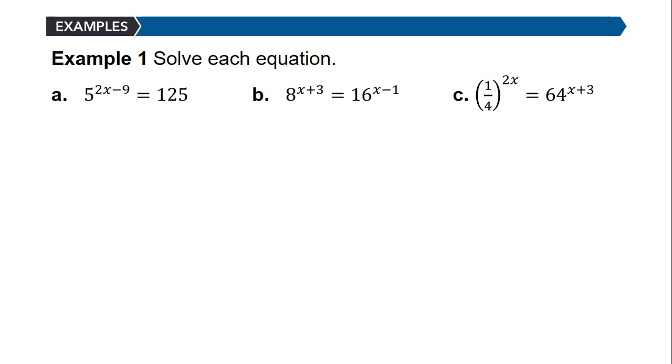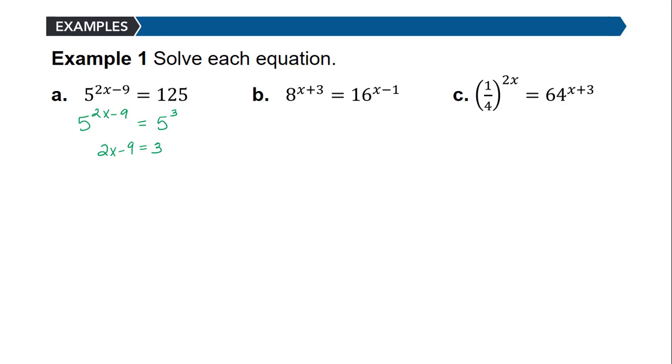We have some examples, and the first one is 5 to the 2x minus 9 equals 125. The left side is written with a base of 5, so we want to try to write 125 with a base of 5. And we know that 125 is 5 cubed. Now that we have the bases equal, the only way that can happen is if 2x minus 9 is equal to 3, right?